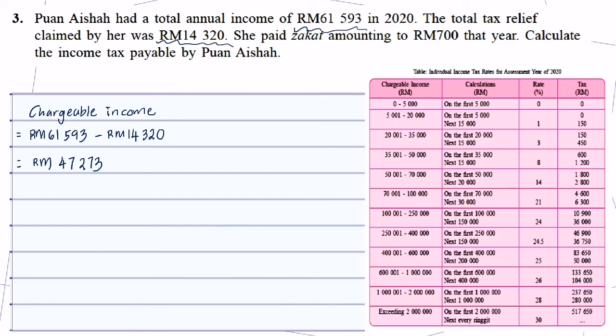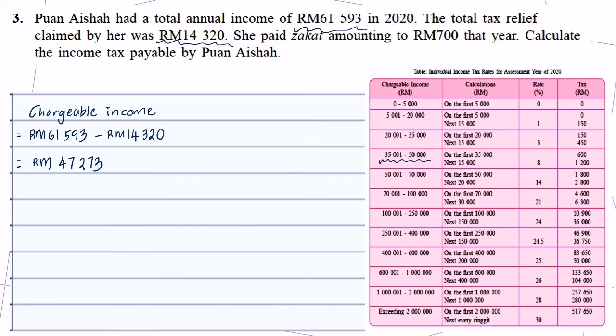Okay, so you still need to refer to this table. Okay, so the chargeable income 47,273. So this amount is here, is in between.